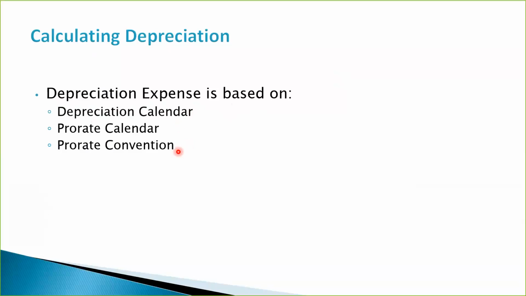Are we going to start from the first day of March, or from the actual day in March when that asset was acquired, or are we going to start in the next period? So if the asset was acquired in March, we are going to start calculating expense in April. So that is what the prorate calendar and prorate convention help us to do.